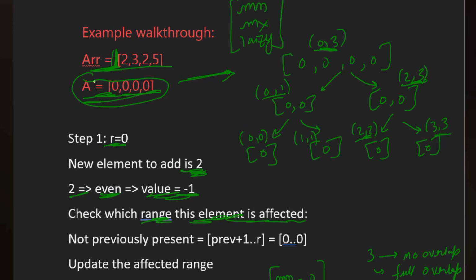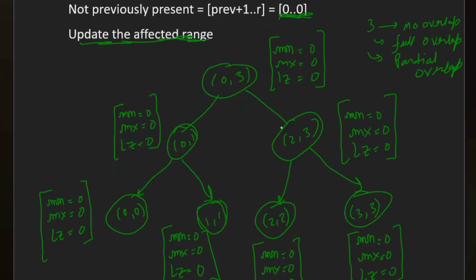So what are the ranges that it will be affecting? It will be affecting all the ranges from 0 to r. And now the value of r is 0, so it will be affecting the range 0 to 0. So we will update the affected range in the segment tree, right? So let's see how we will be doing that.